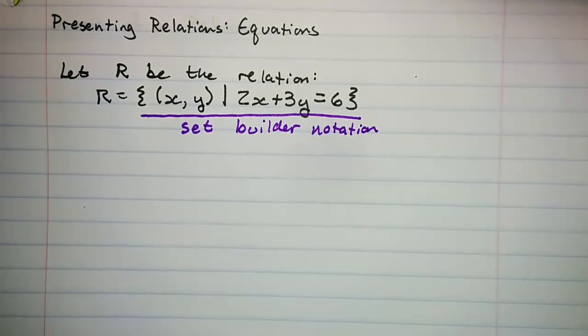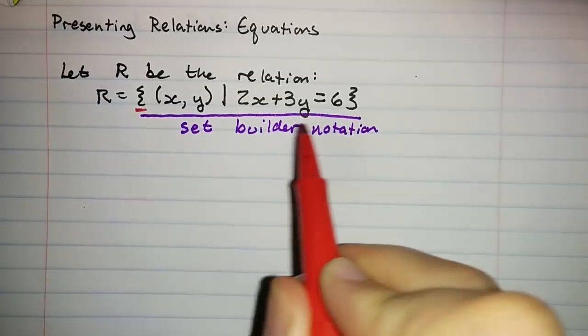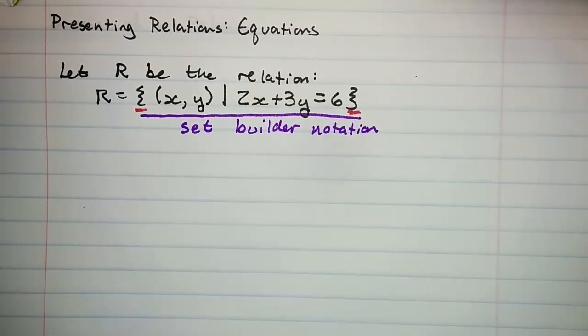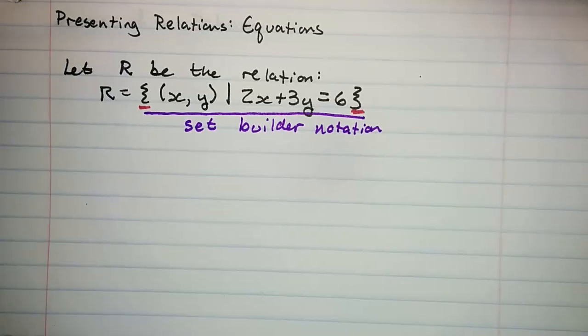So what is this? Our set builder notation starts and ends with set brackets, and then in between the set brackets we have two parts.